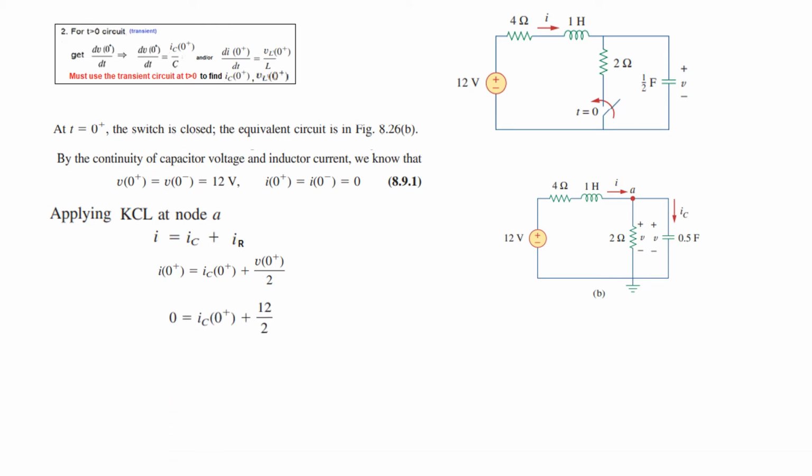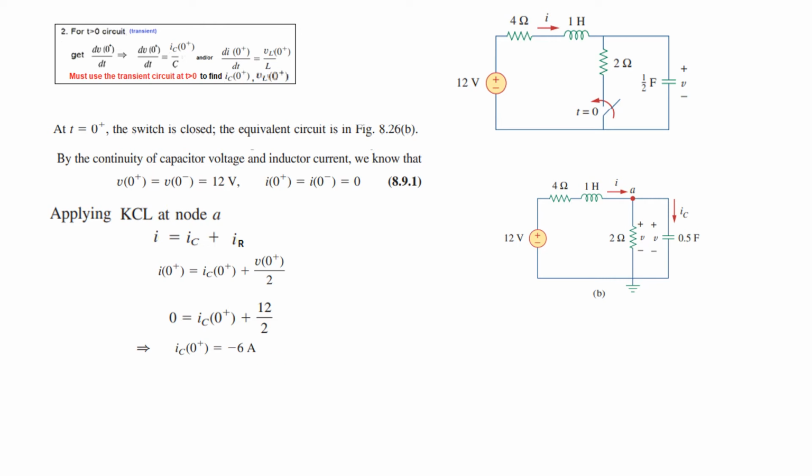Now I0 plus is 0, IC we have to find, V0 plus was 12. So putting that value, from here we find IC0 plus is equal to minus 6 ampere.